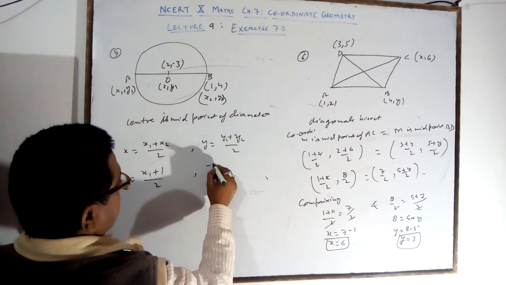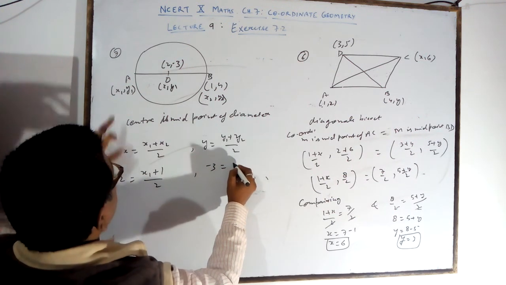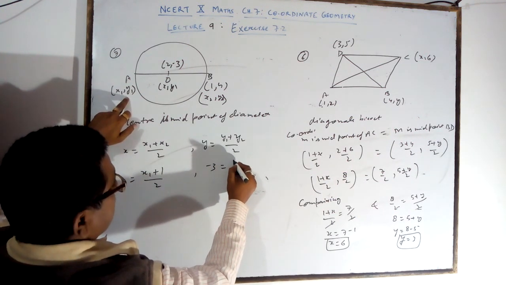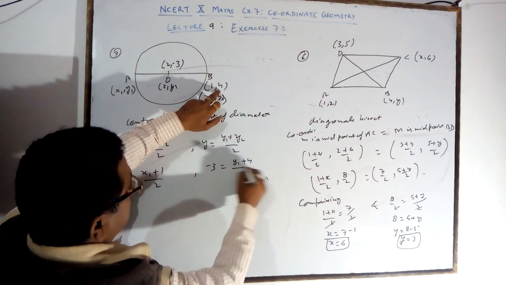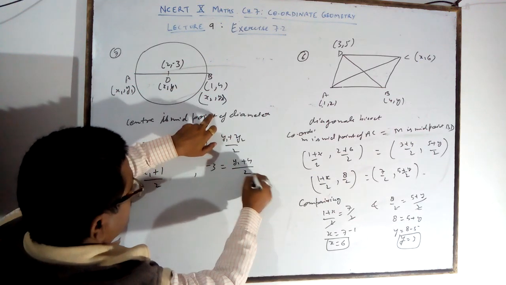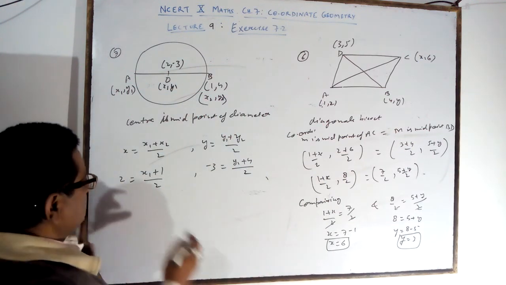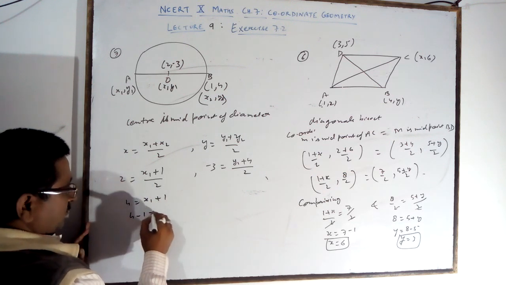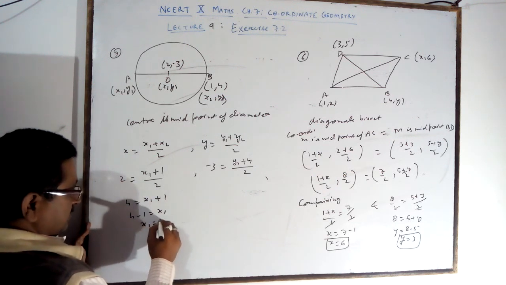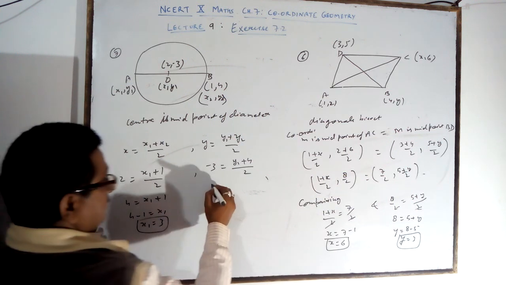Y is given as minus 3 is equal to (y1 plus 4) by 2, where y1 is not given. Same formula. Cross multiplying, 4 is equal to x1 plus 1. So 4 minus 1 is equal to x1, then x1 is equal to 3.